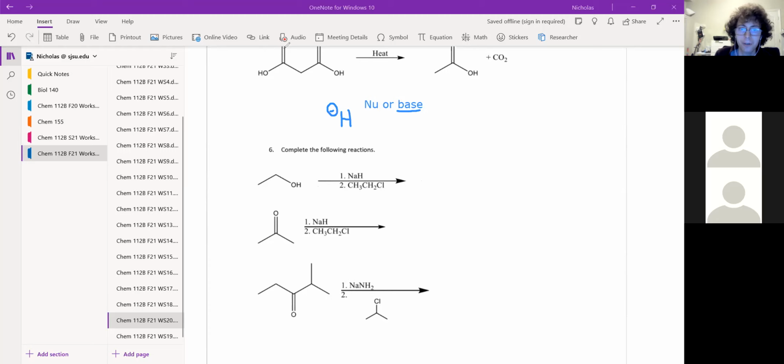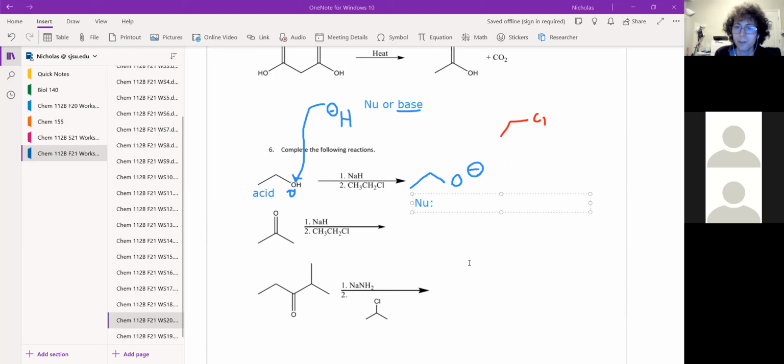And an alcohol is an acid. So it's going to do an acid-base reaction. It's going to form an alkoxide. And then we're adding ethyl chloride. So we have alkoxide, which is a nucleophile.